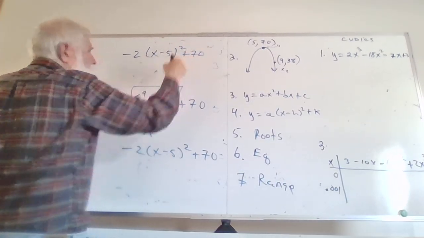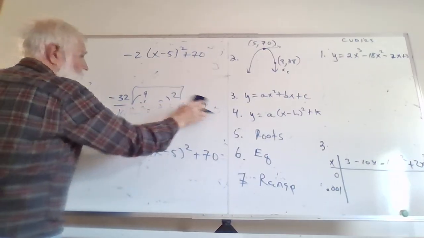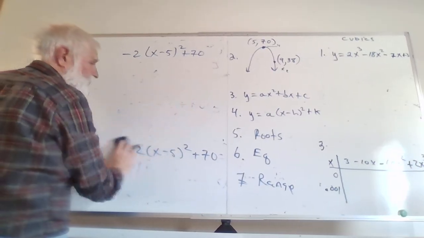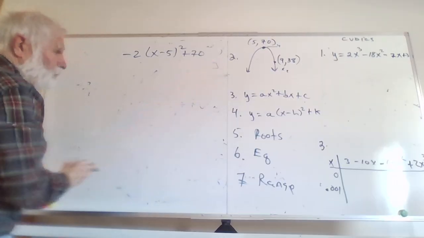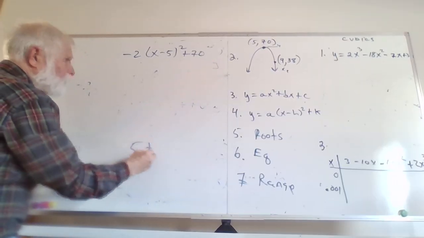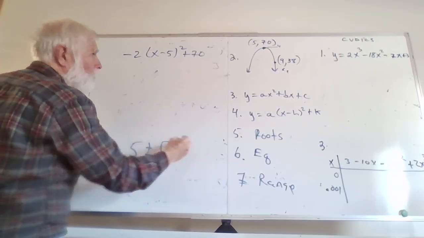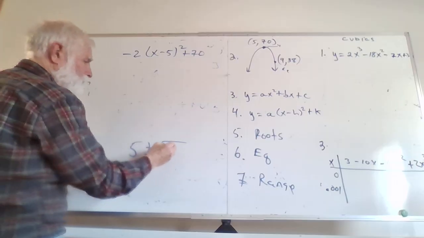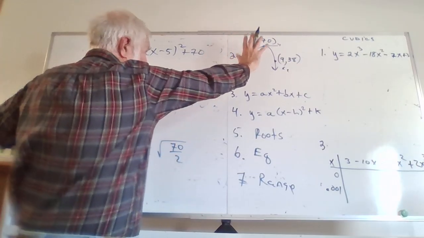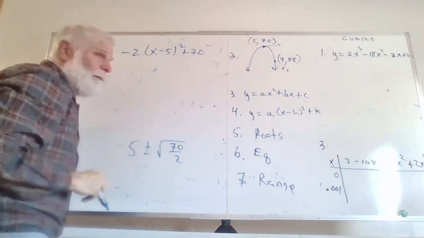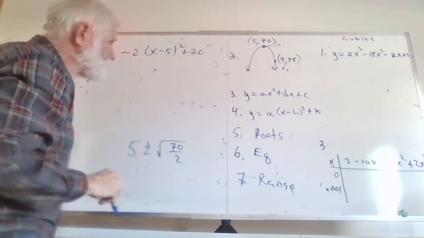And I'm going to leave that there because I'm going to show you how you can get the roots quickly and easily. In fact, I'll just look at that and tell you what the roots are: 5 plus or minus the square root of 70 over 2. Those are going to be our roots. I'm just looking at the graph. Okay, now I could be making a mistake, but I don't think so.